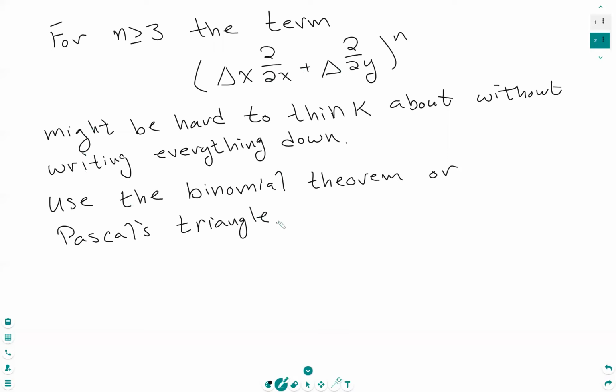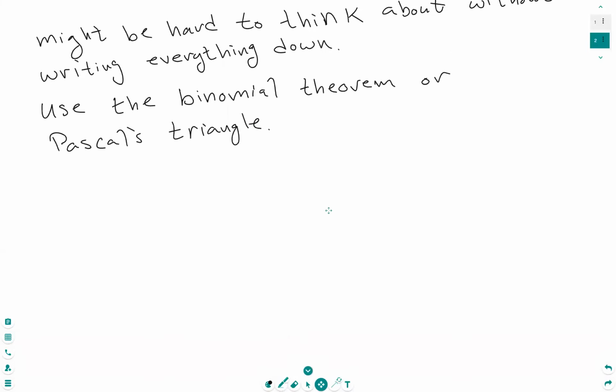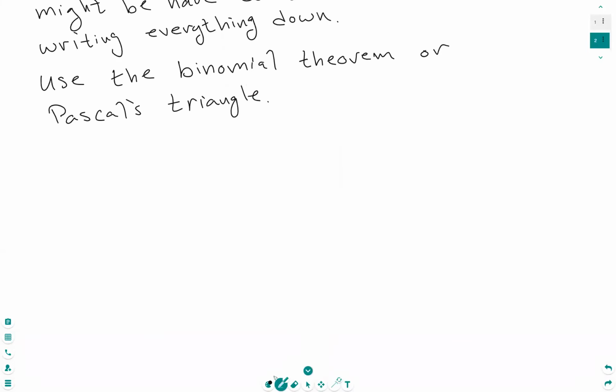I like this option a lot more. So what is Pascal's triangle? If you haven't seen it before, what you do is you start off with a 1, followed by, on the next row, a 1 and a 1. So this gets us started.